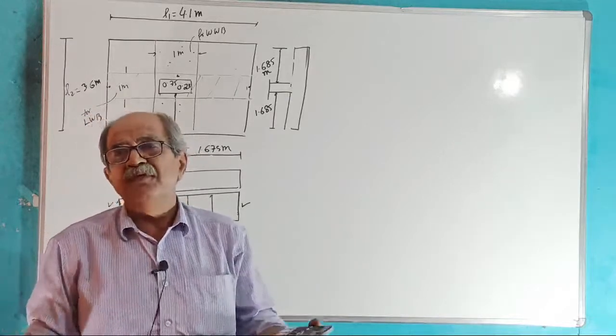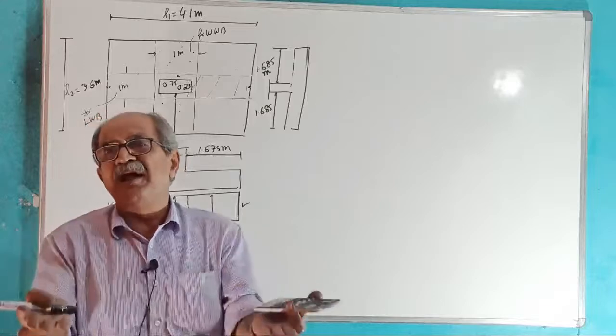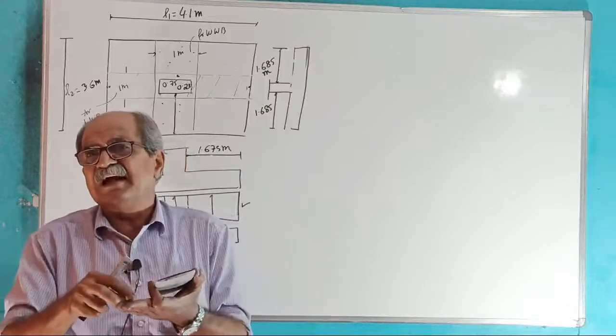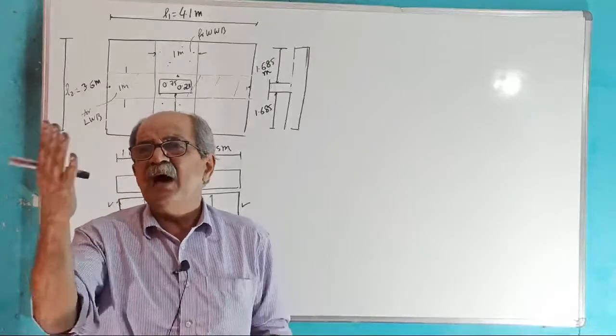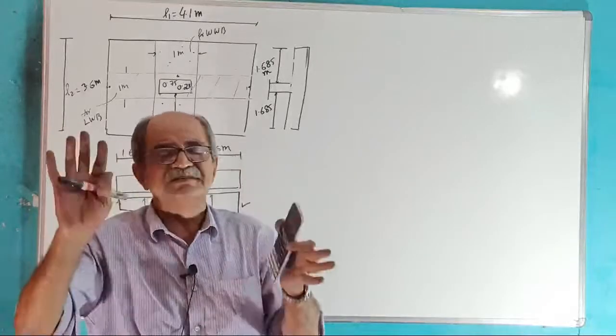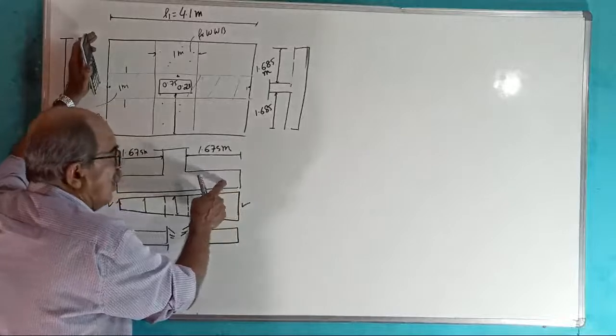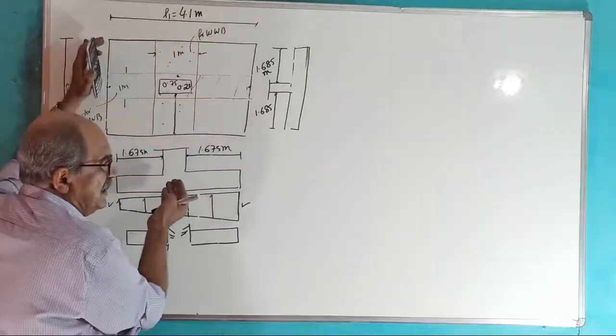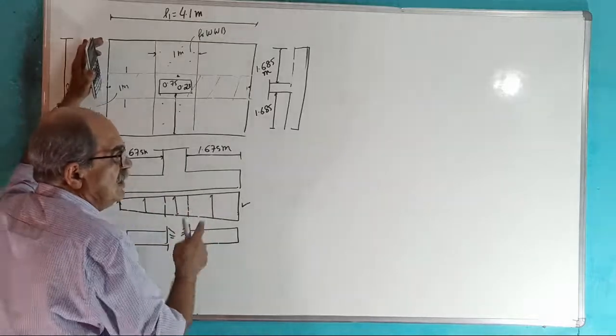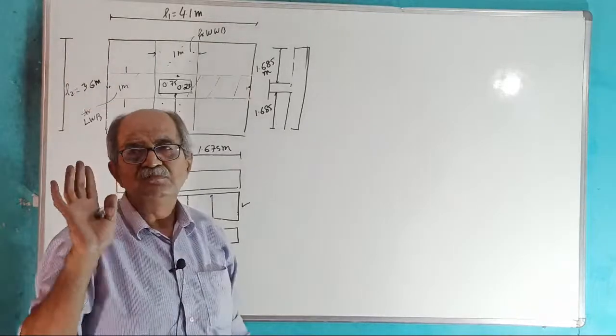Therefore, all you have to do is place the column wherever it is. If it is not exactly concentric, slightly eccentric, ETABS will take care of all those things, and it will calculate this BM and shear force also, it will consider the higher value.